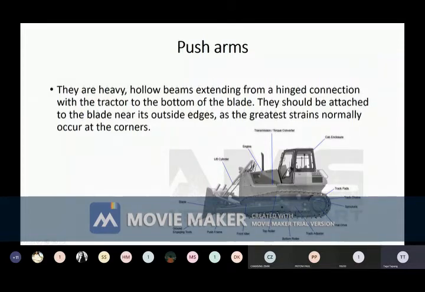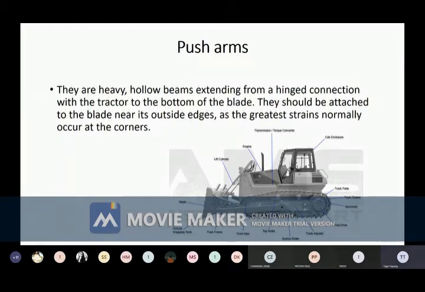Push arm is basically nothing but hydraulic rams, cylinders inside. So there is extension and contraction of cylinders, as we have seen in the hydraulic circuit, when the cylinder extends outside or contracts inside due to the movement of fluid, which is again directed by the DCV, direction control valve. The piston inside the hydraulic cylinder moves in or out.